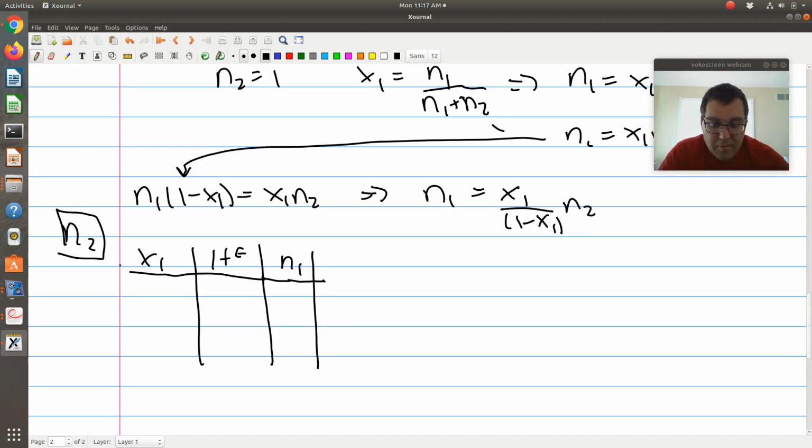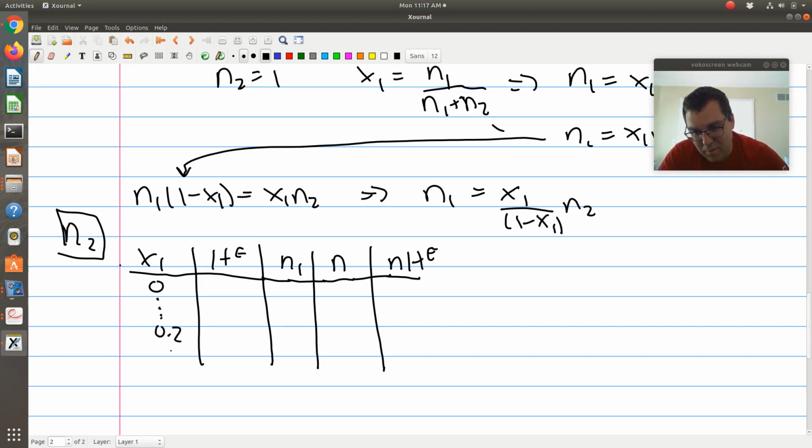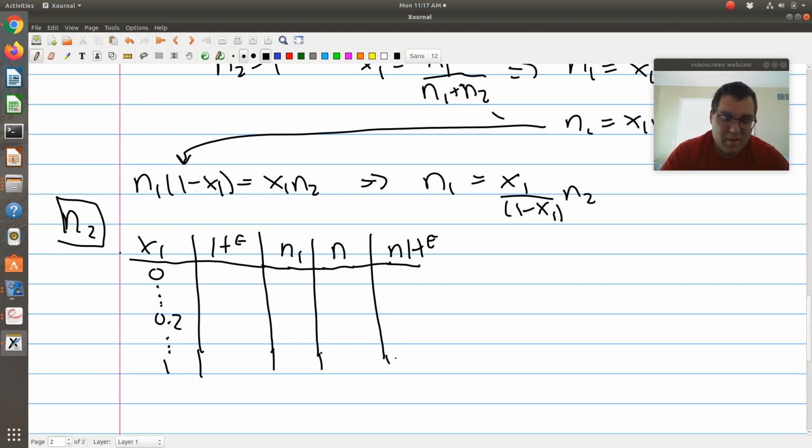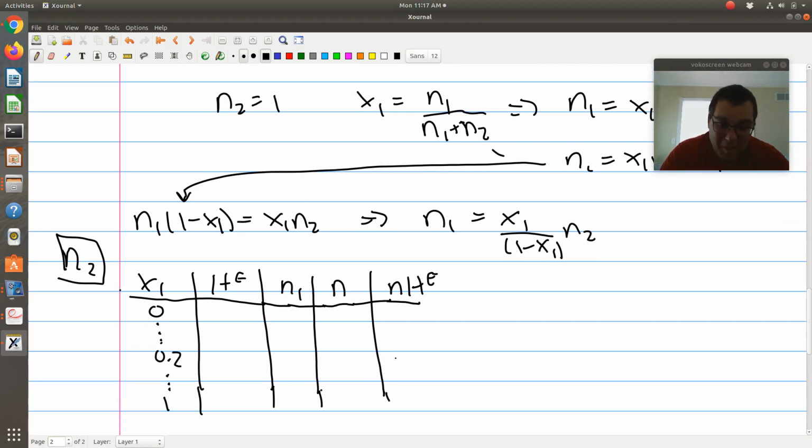Once I have n1 and n2, I can calculate n. Once I have n, I can calculate my extensive excess enthalpy. This goes from 0 to 1, and I have 0.2 at some point in between. Bam, so I have that tabulated.